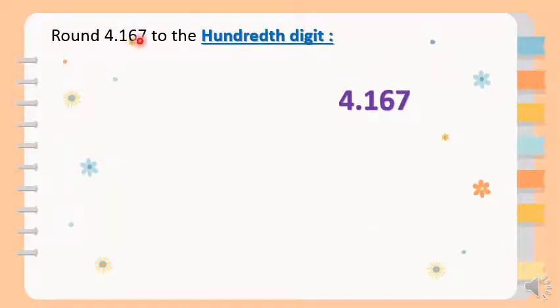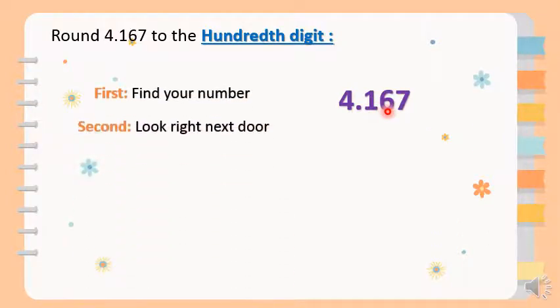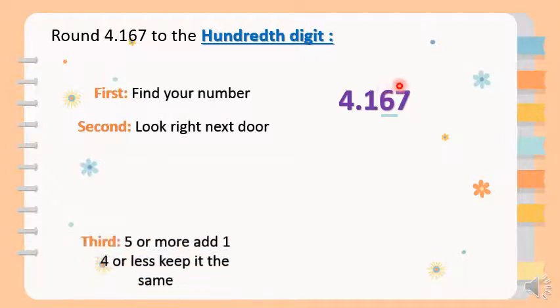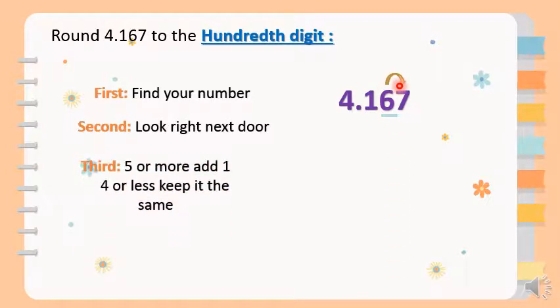Round this number to the hundredth digit. So step 1, find our target digit, which is the hundredth. Here it is, underline it. Then look to the next digit. If it's 5 or more, we add plus 1 to our target digit. So here it's 7.